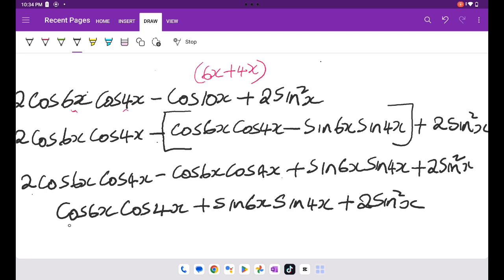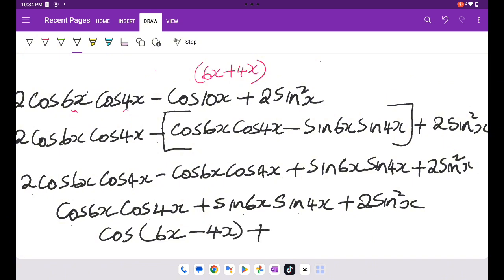Right, now if we look at this, cos 6x cos 4x plus sine 6x sine 4x, so this is a compound angle of cos, so it's going to be cos the first angle, which is 6x here. If it's plus here, it's going to be minus the second angle, which is 4x.